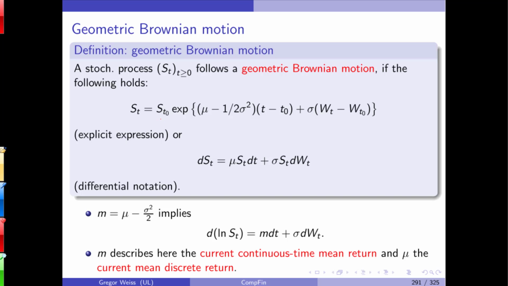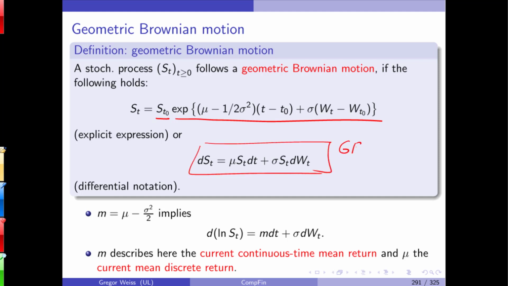S_t is given by S_t0 times the exponential function, and this W_t is again a Wiener process, or a little bit nicer, the differential notation dS_t equals mu S_t dt plus sigma S_t dW_t. That's a geometric Brownian motion.